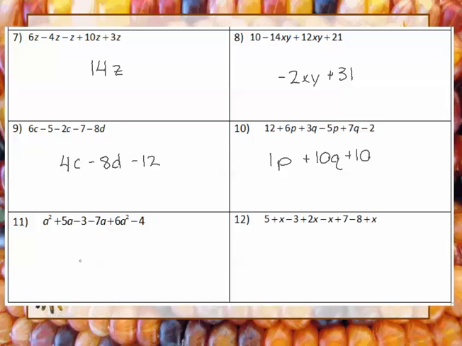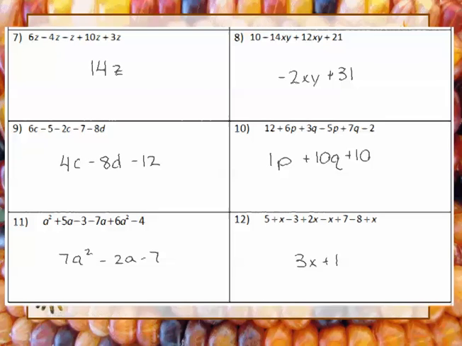Number 11 should be 7a squared minus 2a minus 7. And number 12 should be 3x plus 1. And if you didn't understand any of those, take the opportunity now to pause the video and to get help from me in class.